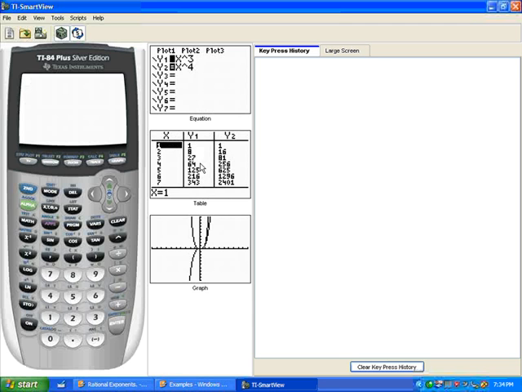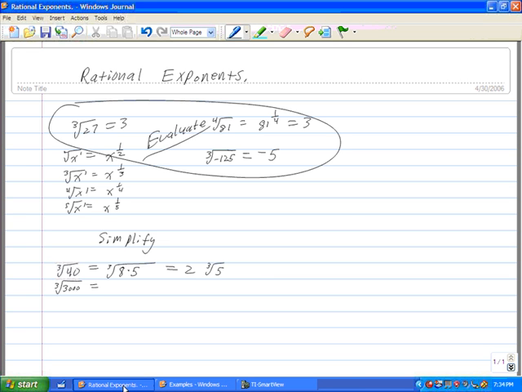I don't see anything right off the top of my head that comes out of it, so we might have to do this one the hard way. We're going to take that 3,000 and start breaking it apart: 3 times 1,000, 3 times 10 times 100, 3 times 10 times 10 times 10.